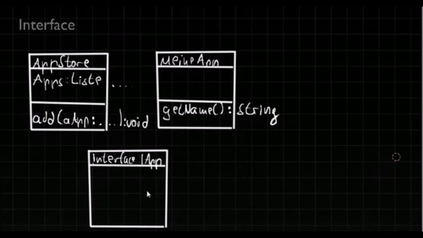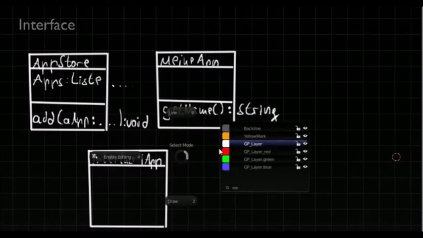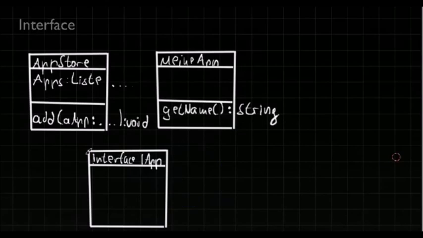And these methods are the methods that I would force in a new app, so that a new app is compatible with an old system, like, for example, the App Store. And inside the interface, I write something like, in here exists a method getName. And this method returns a string.